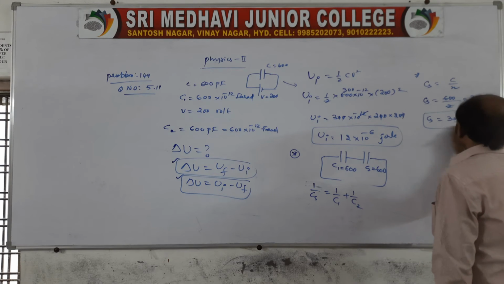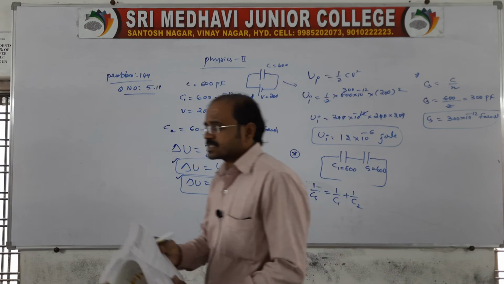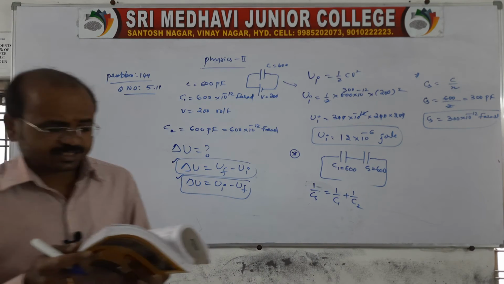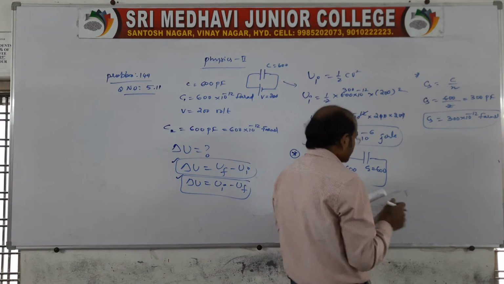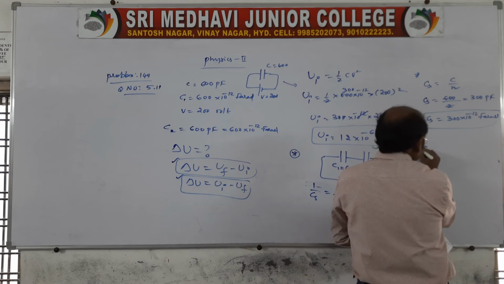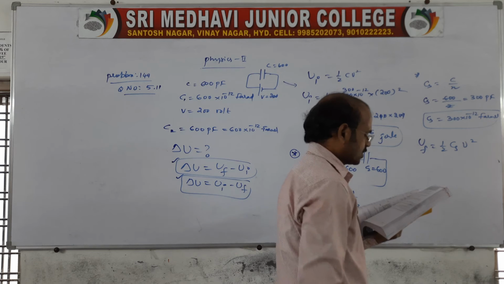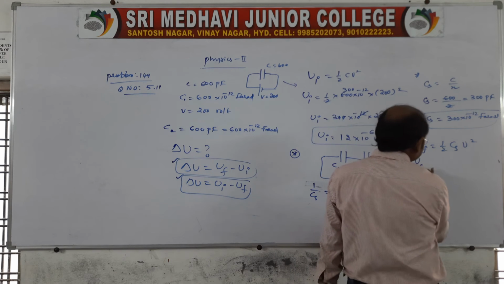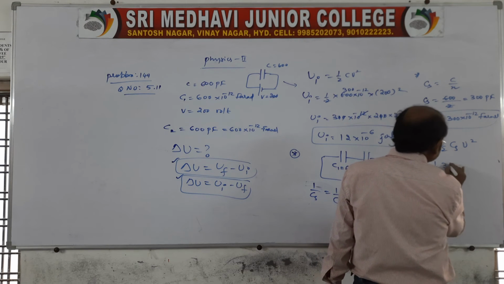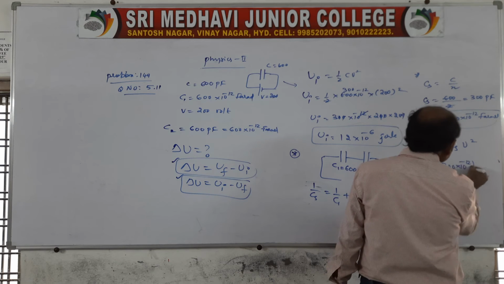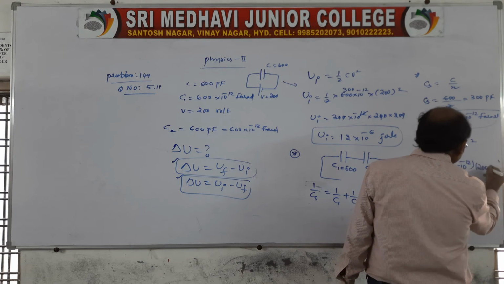So this will be the case of a series combination when there is a disconnection of this. Now let us go for the final energy, 1 by 2 Cs V square. Now let us take U final is equal to 1 by 2 Cs V square, 300 into 10 power minus 12 into V, which will be 200 whole square.